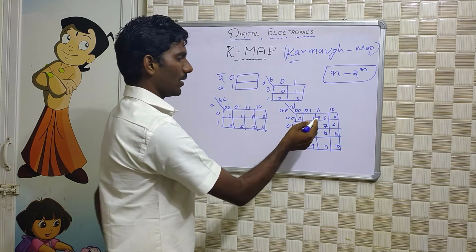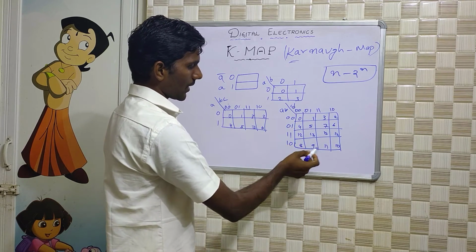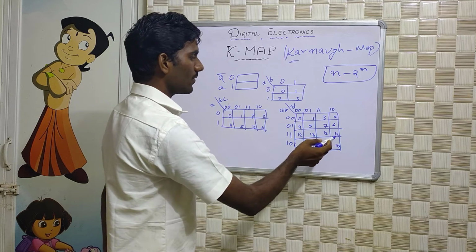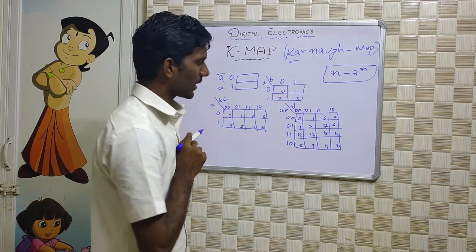This is the arrangement in a four variable K-map.